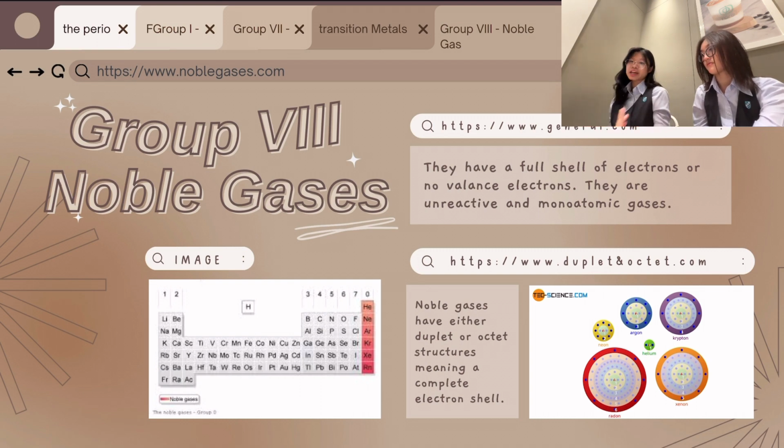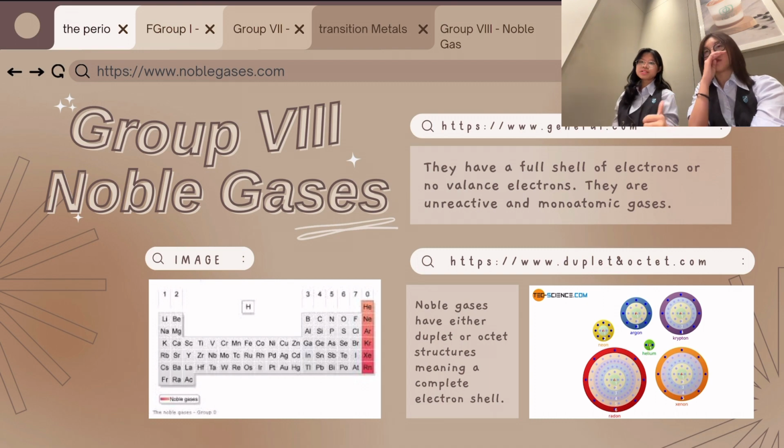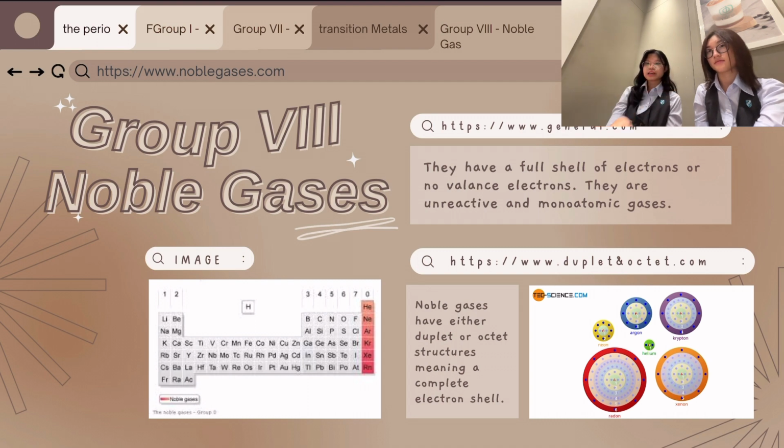They're unreactive because of the full shell of electrons, and they are monoatomic gases. If you notice, group 7, the halogens, Michelle said were diatomic, so usually they are written as the element with a subscript of 2. While these ones, since they're monoatomic, just exist as one atom.